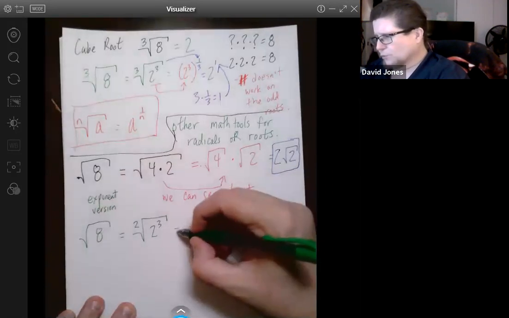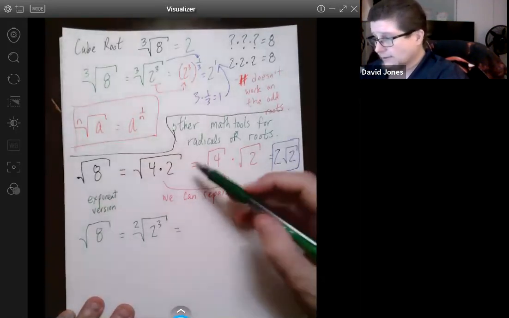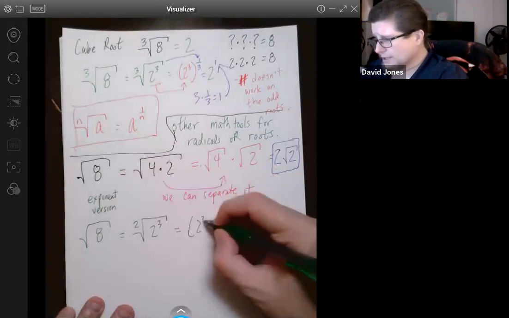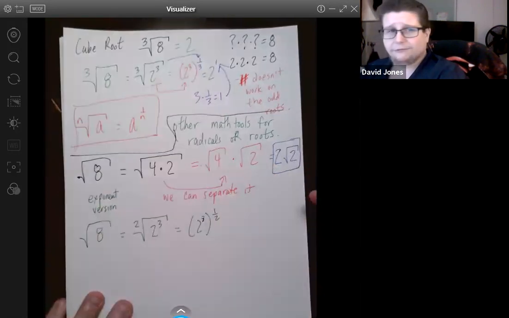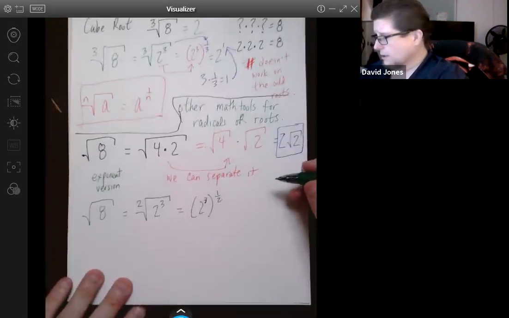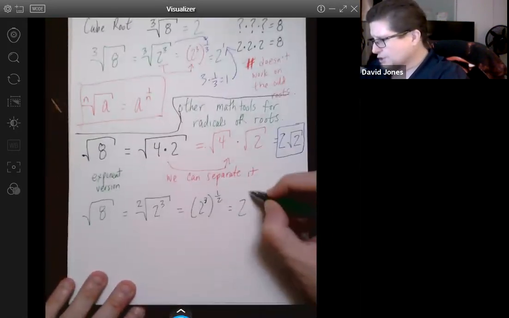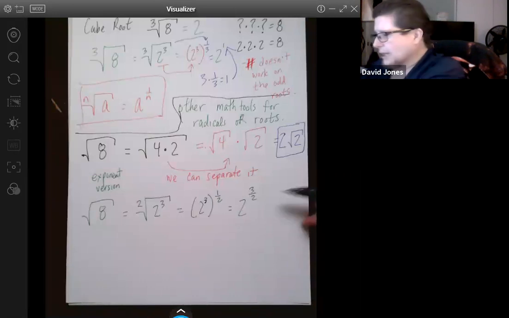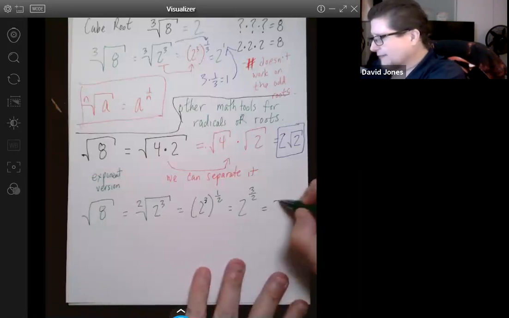And if I use the rules we had, I've got 2 cubed to the 1/2. The radical goes out as a fractional exponent. And we multiply them, that's 2 to the 3/2. And 3/2 is really 1.5, right?